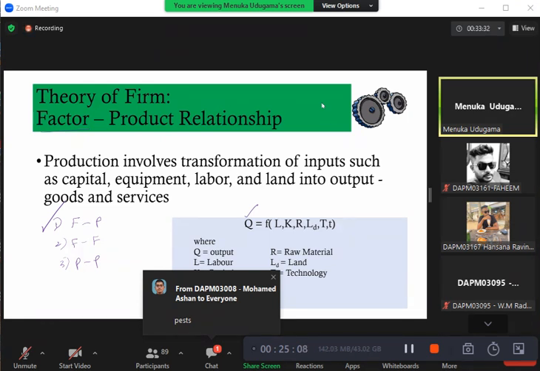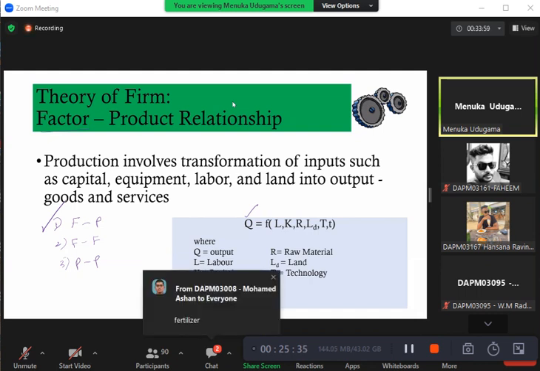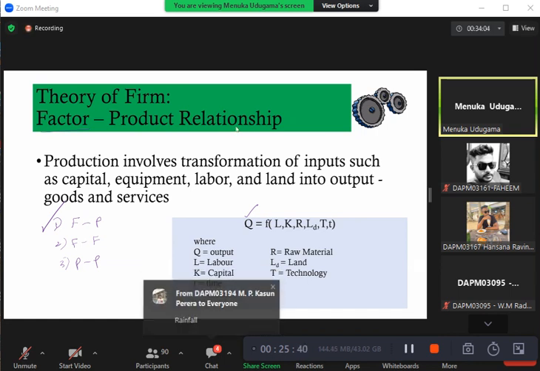Yes, good. Pests and disease attacks can determine the quantity produced. What else? Fertilizer, very good. Rainfall, good.